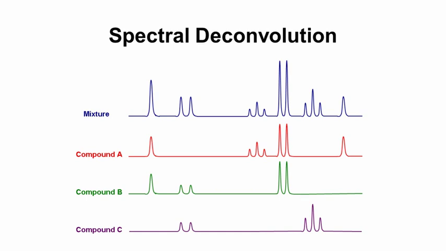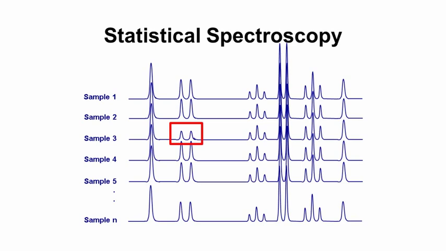In statistical spectroscopy, we're not looking at a single spectrum or even a few spectra. Typically, we're looking at dozens, maybe even hundreds of spectra, and are trying to identify what's different, or what's correlated, or what's not correlated, or what's grouping, based on the features of many spectra when compared.